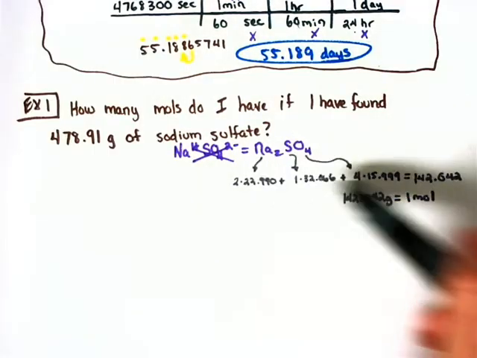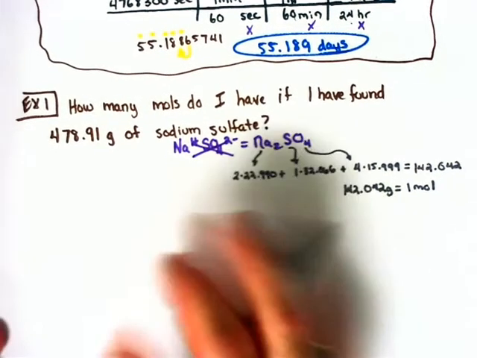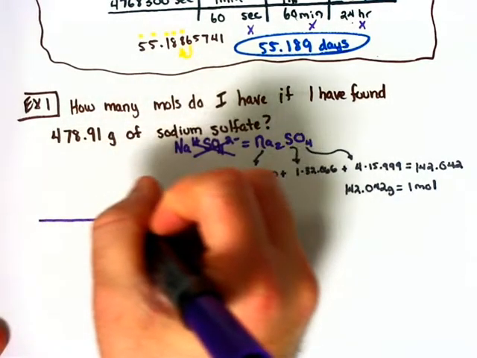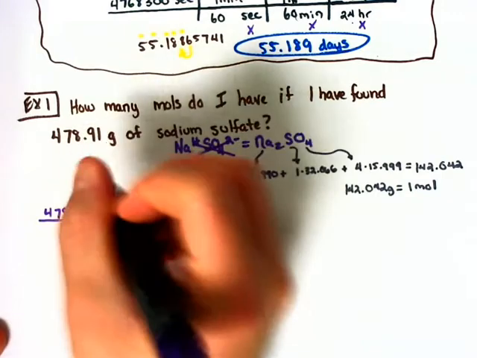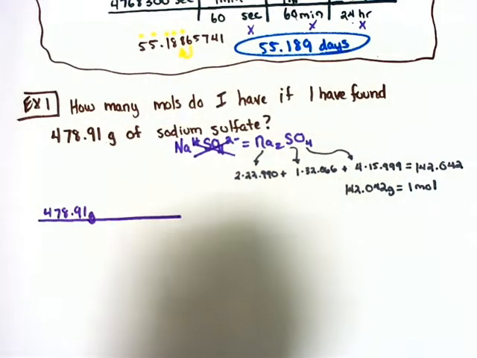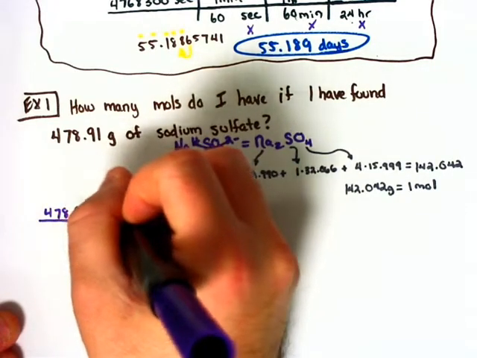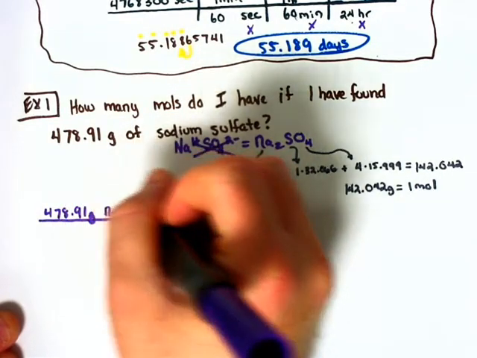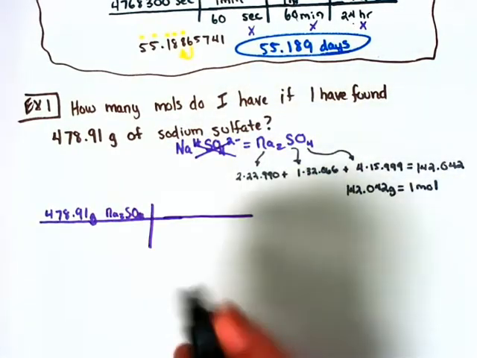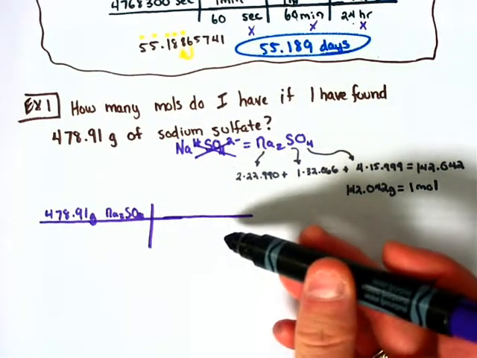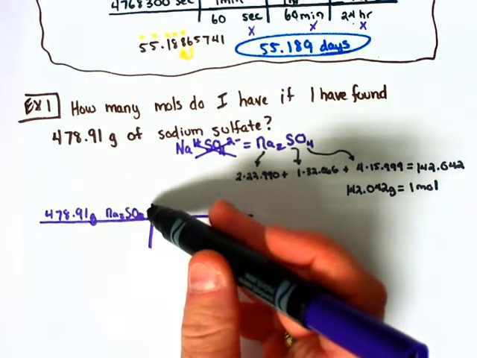Do you see how we're using yesterday's stuff to get started today? Yeah. Okay. What's the number they gave us? Perfect. That's grams of Na2SO4, right? What unit should go on bottom? Grams, right? Of Na2SO4?